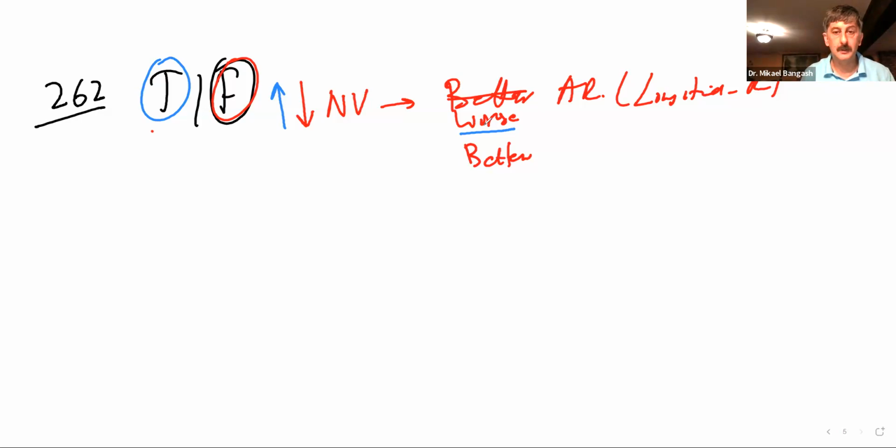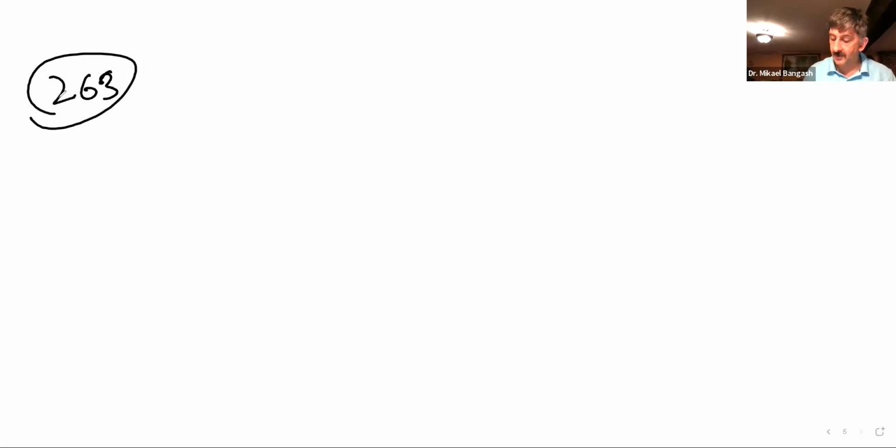Question number 263. And knowingly or unknowingly, that's what I tried to explain. So let's see. One way that the sonographer can alter the axial resolution achieved during an examination is to adjust the maximum depth of image.